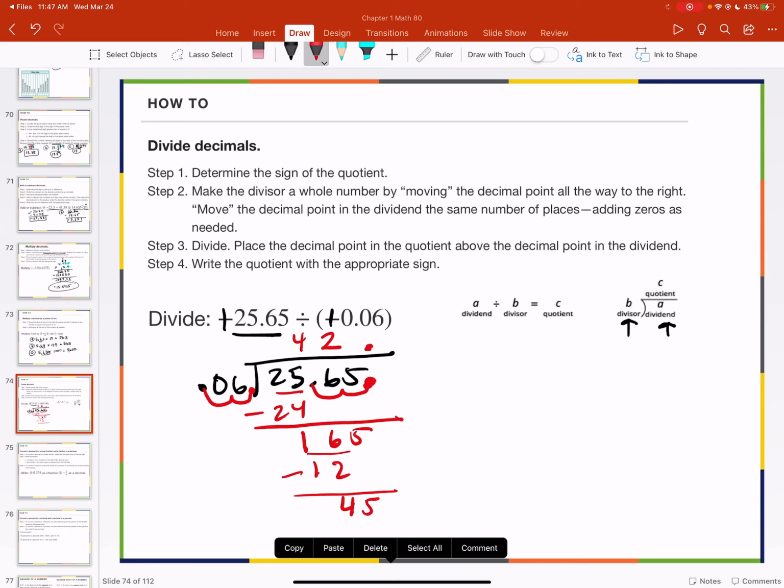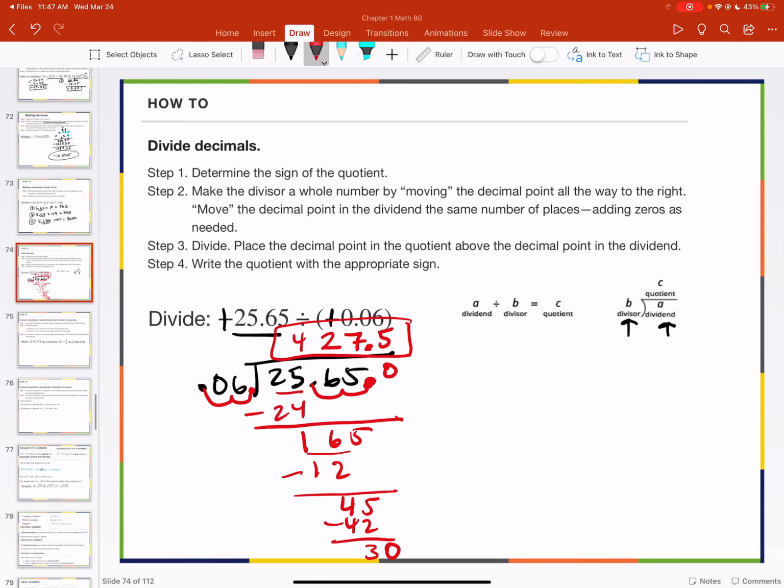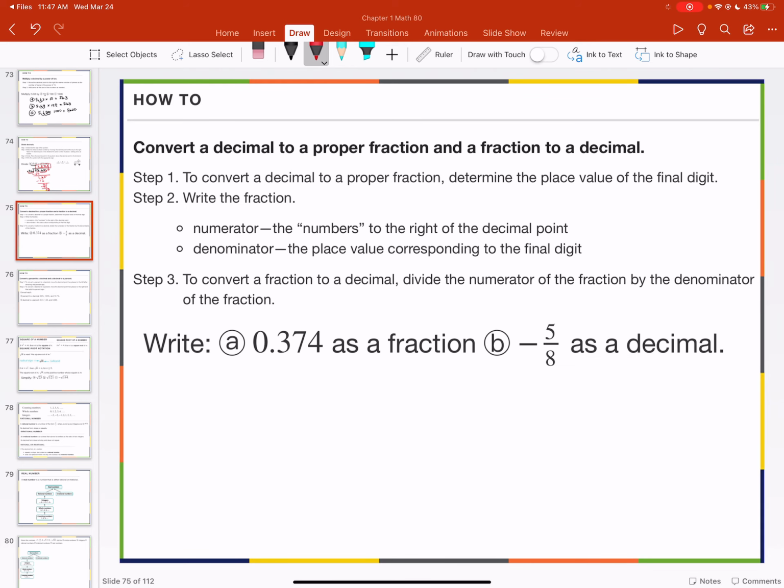Subtract 4, bring down the 5. 6 goes into 45 7 times. That's 42. The remainder is 3, and we can add a 0. So 30, 6 goes into 30 5 times. So that's your answer right there, 427.5.